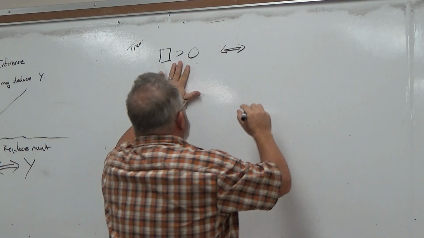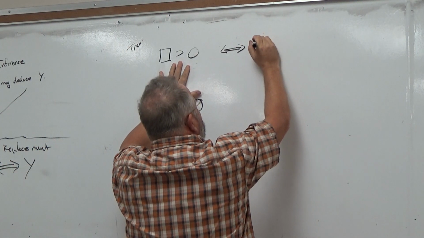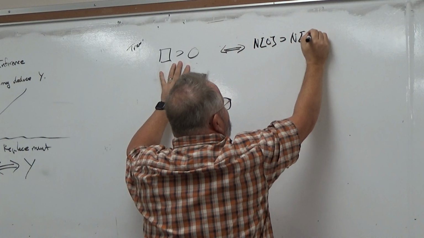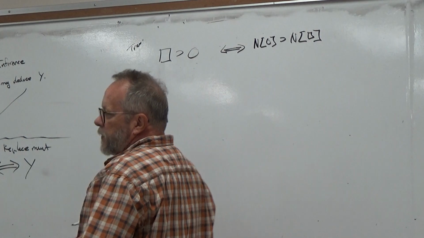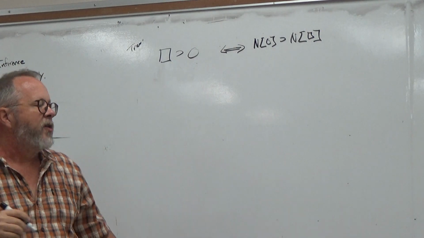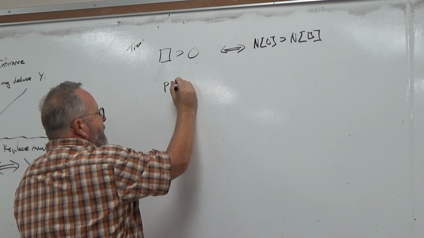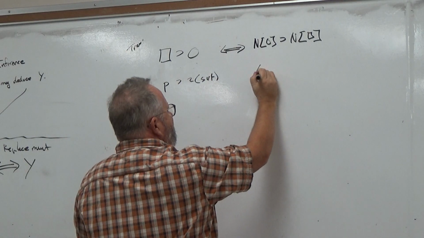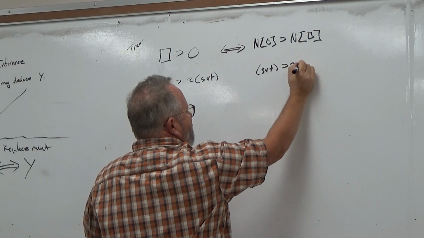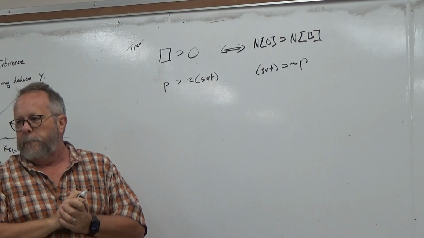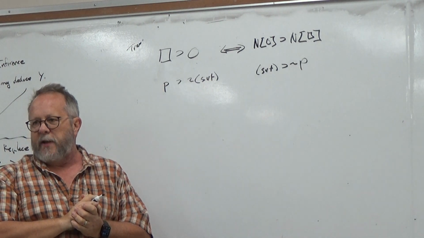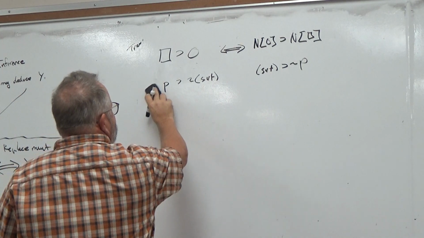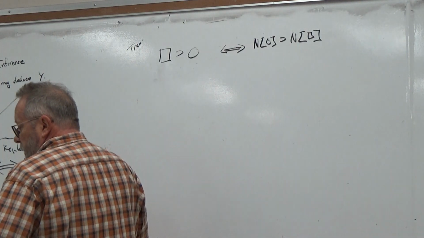Okay, so I can change this into the opposite of the circle, then the opposite of the square, or vice versa. Everybody understand that? So if I had something like this, P then not S or T, that could become S or T then not P. Everybody follow that? Okay. Flip the places and you change their sign, as it were. Okay, that's transposition.